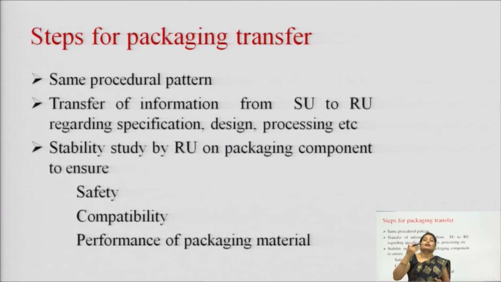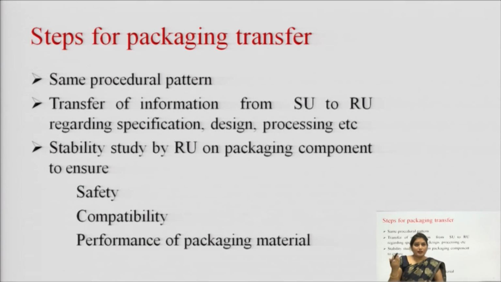Okay. Means what type of packaging component will be used for the product, what is the specification of the packaging material that we are using, what is the stability criteria of the packaging material. The information related to this should be given to the receiving unit.